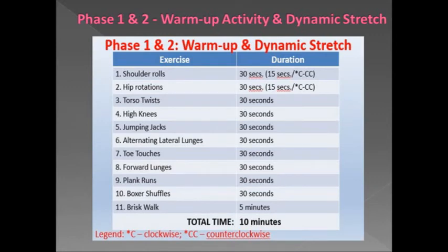And for example, you can perform these activities for your warm-up and dynamic stretch. You can try shoulder rolls for 30 seconds, 15 seconds clockwise and counterclockwise, hip rotations for 30 seconds, again 15 seconds clockwise and counterclockwise, then torso twists, high knees for 30 seconds, jumping jacks 30 seconds, alternating lateral lunges 30 seconds, toe touches 30 seconds, forward lunges 30 seconds, plank runs 30 seconds, and boxers shuffles 30 seconds.